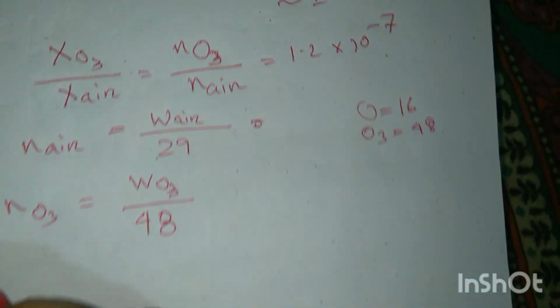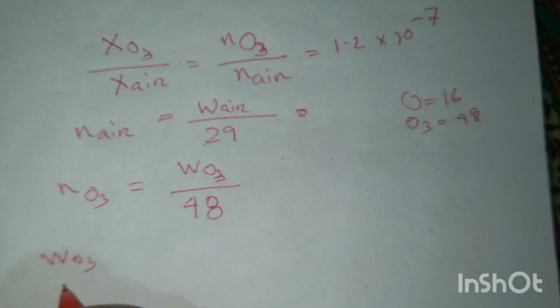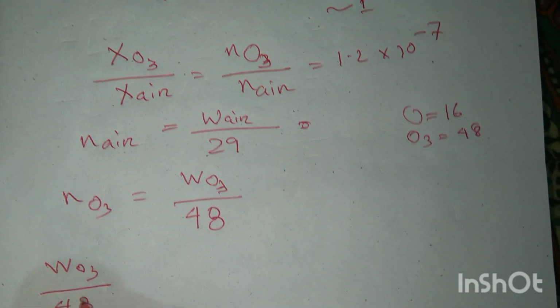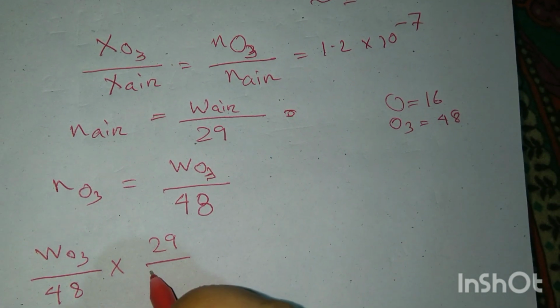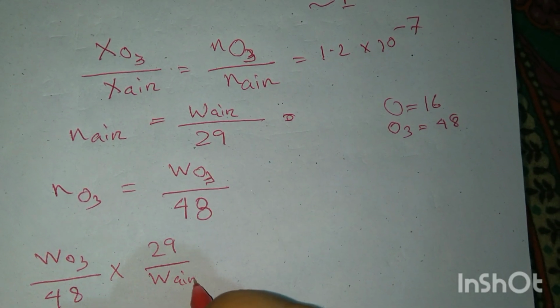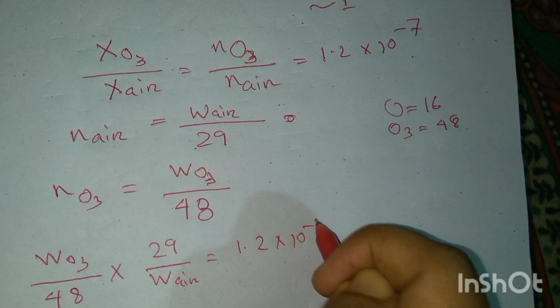Now WO3 divided by 48 into 29 by W of air is equal to 1.2 into 10 to the power minus 7.